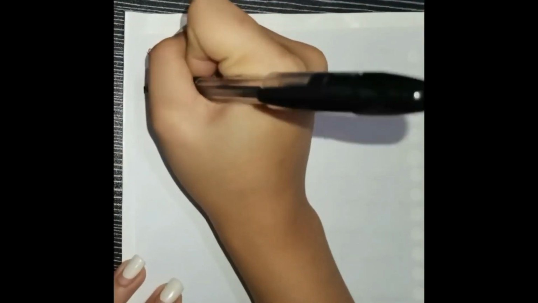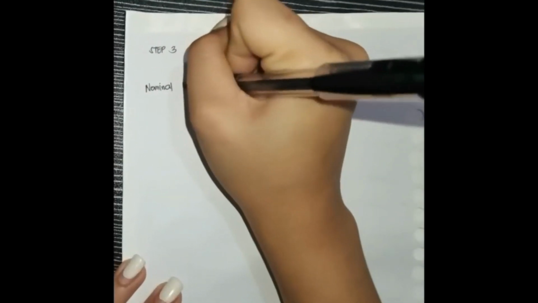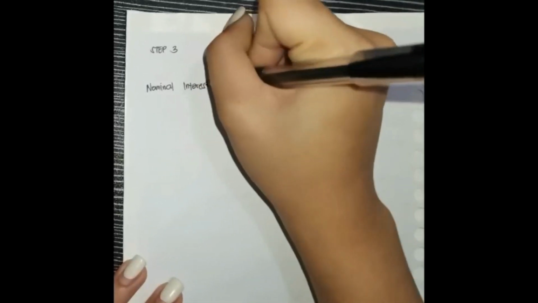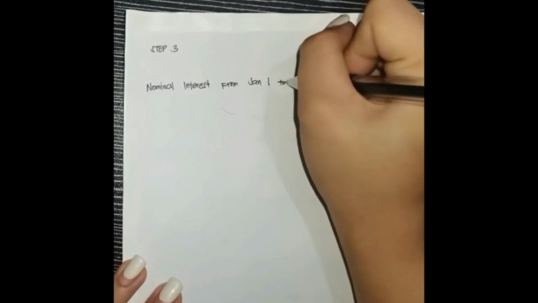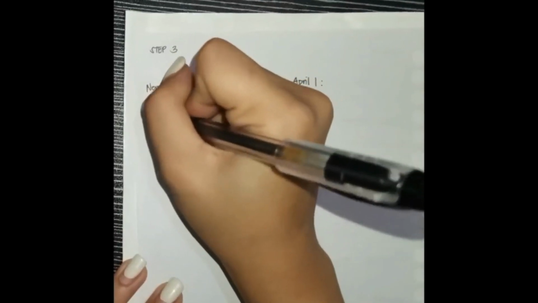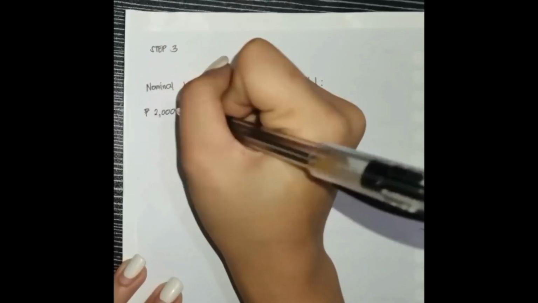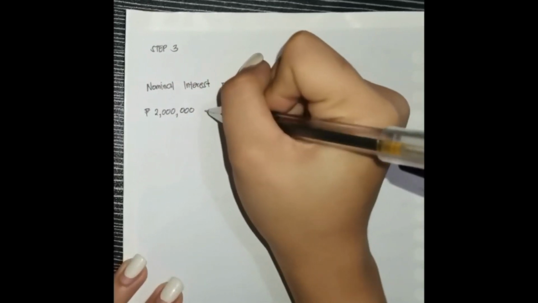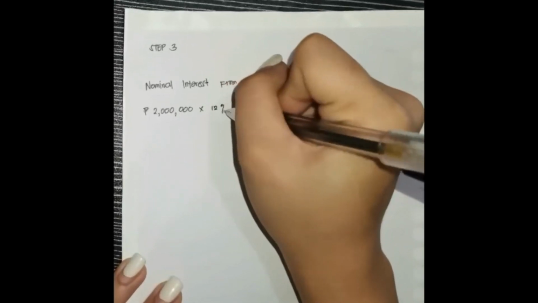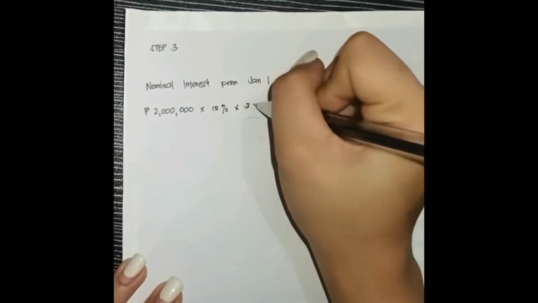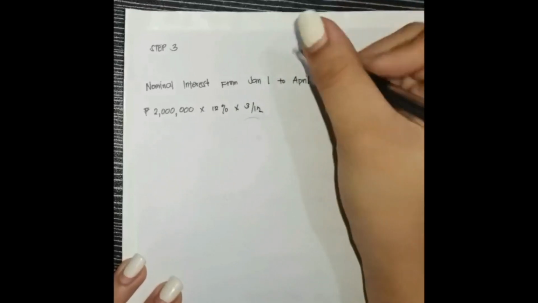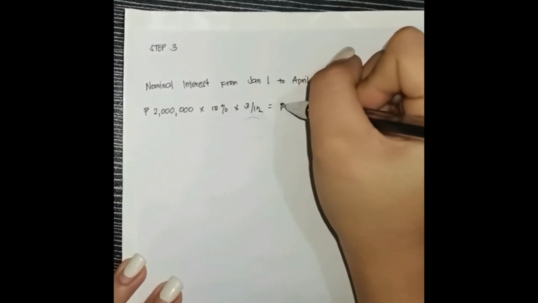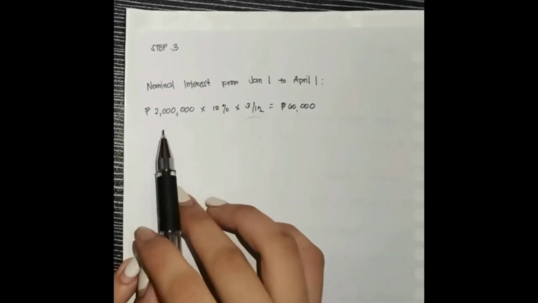So, for nominal interest from January 1 to April 1, we have 2 million pesos times 12% times our 3-month period. And that is equals to 60,000 pesos. This 2 million is our principal.